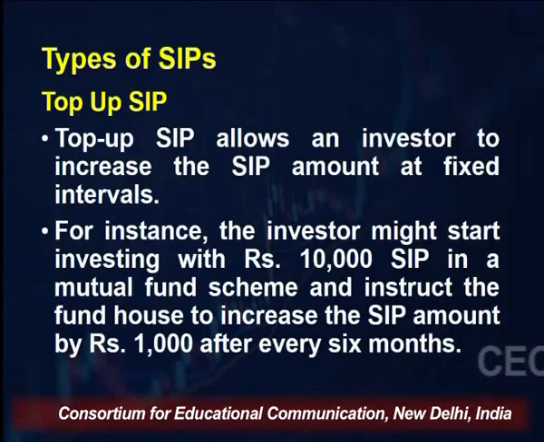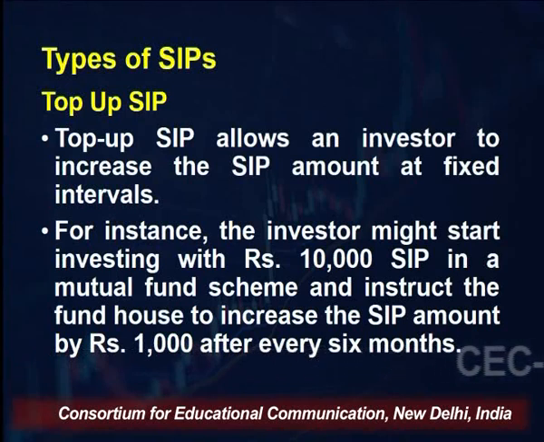So you start with, say, in this example, 10,000 rupees. And I can give instruction to the mutual fund or to the manager who is managing the scheme that every year 1,000 rupees my SIP amount may be increased, right? Or after 6 months 1,000 rupees can be increased. Whatever the instruction you will give. So this is called top up.